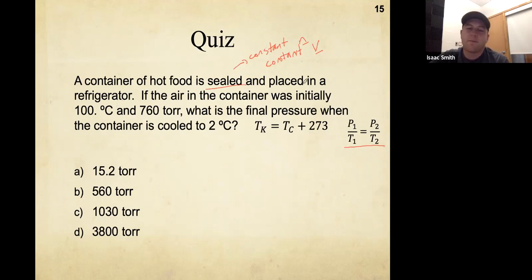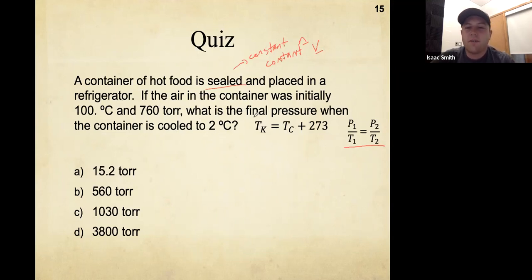So you would assume this is a container like one of those Tupperware containers, that it's probably not going to change in volume when it goes in the fridge or the freezer.